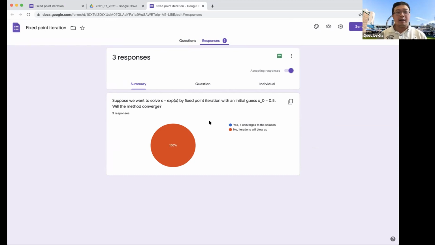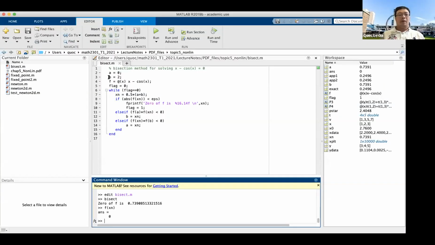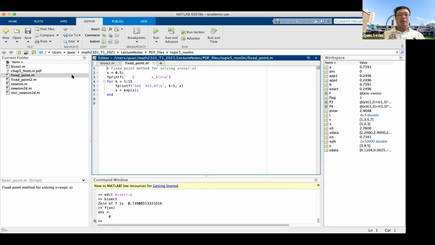So now I can try it. I go back to my MATLAB and use this script for fixed point.